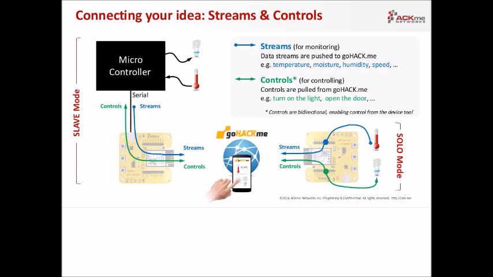Now you'll notice on this slide that the control though is bidirectional, and that's necessary because for control you also want the ability to control things on the device itself. So if you're home, you want to be able to turn the light off from the device rather than have to pull your phone out, particularly if you're standing right next to it. So controls are bidirectional, but the key point is that you can control things from the cloud as well as from the device.